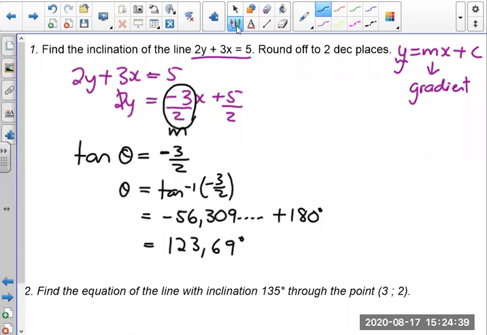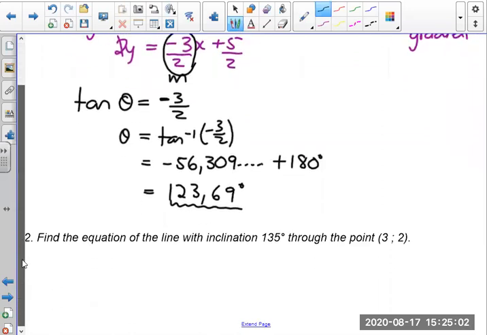And we said if there's a negative gradient, you will have an obtuse angle. That means between 90 and 180, and there you see it is true. So for number 1, they gave you the equation and they asked the inclination. Let's see what they ask for number 2.